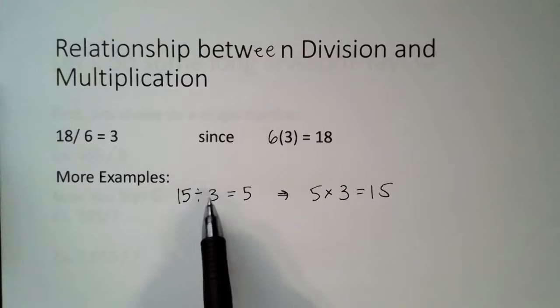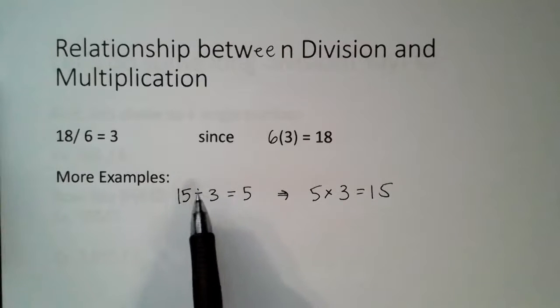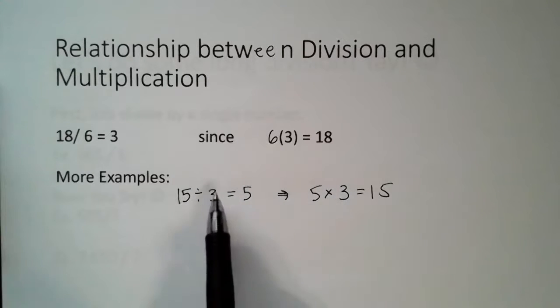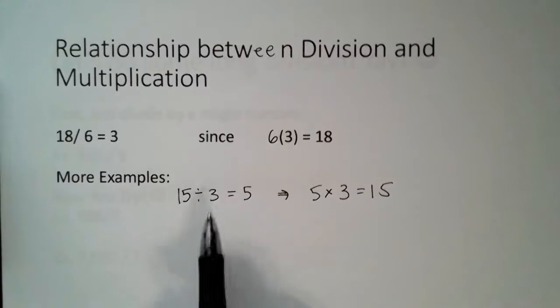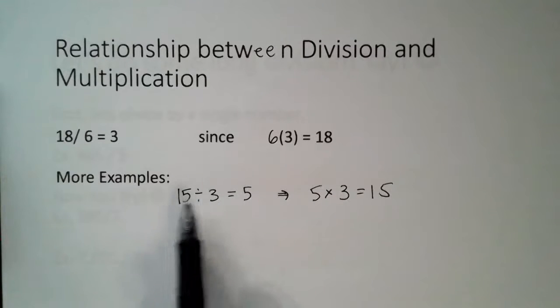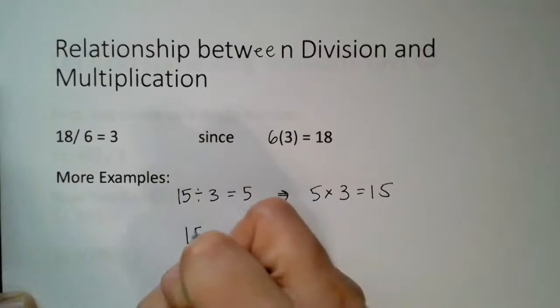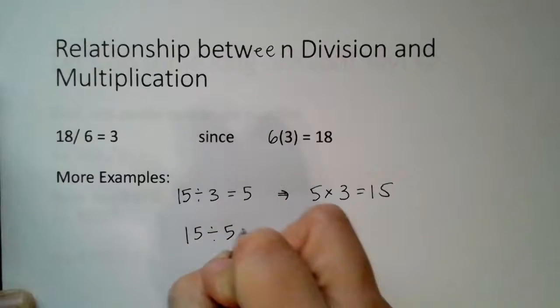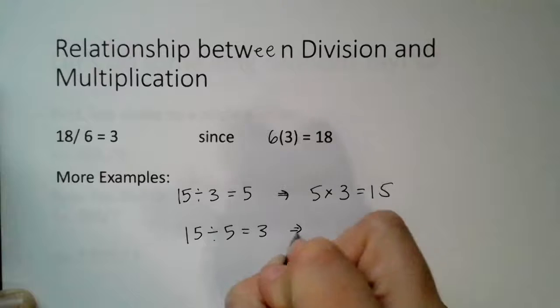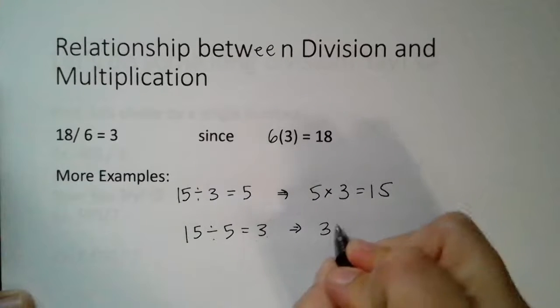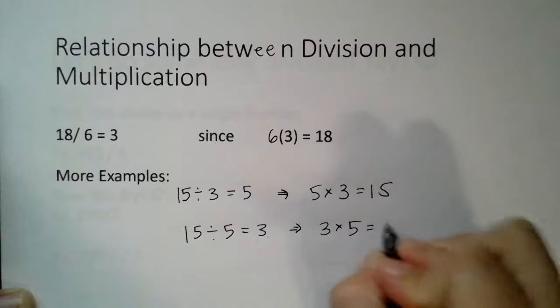There's a lot of reasons why we can explain this, but basically this is like the inverse operation. So they're connected, okay? So let's do another one so I can prove my point. 15 divided by 5 is 3. And then we can also say that 3 times 5 is 15.